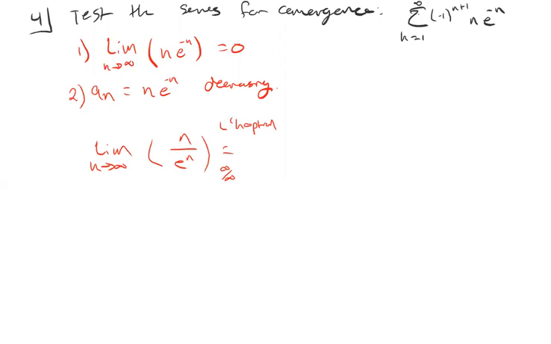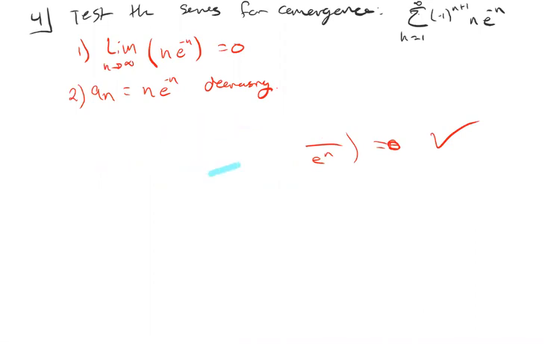Technically, I should pass to a function of x, which will be differentiable, but I don't think I'm going to mark you off for something like that. Just go ahead and differentiate. So that gives us 1 over e to the n, which is 0. So check. 0. Okay, so that part is satisfied.